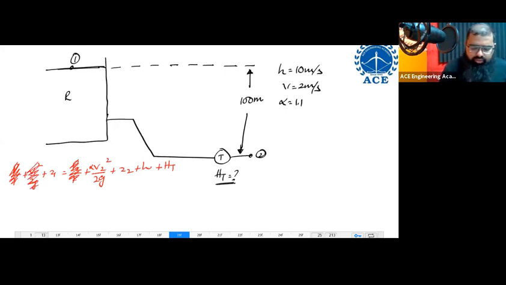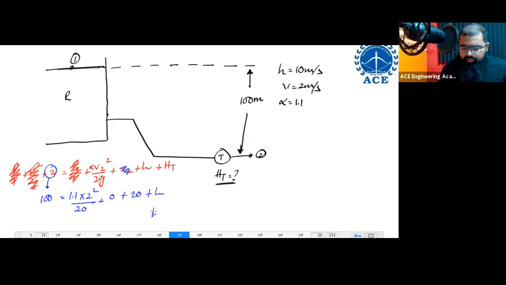The value of Z1 is equal to 100, is equal to alpha, 1.1 into 2 square divided by 20, plus Z2 is equal to 0, plus head loss 20 plus HT. From here you can get the value of HT. HT has to be equal to 100 minus 20 minus 1.1 into 4 by 20.